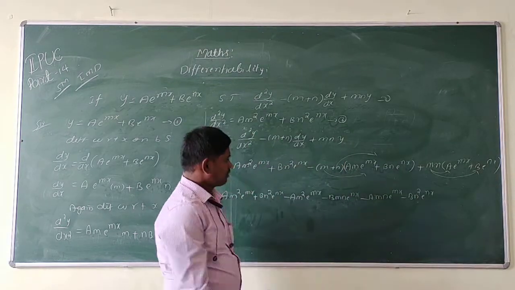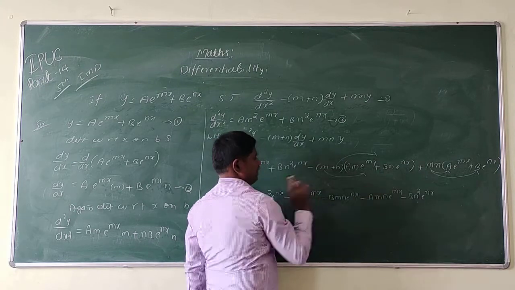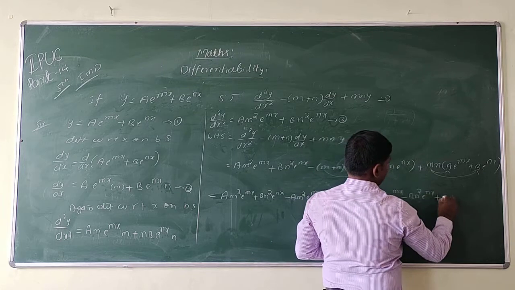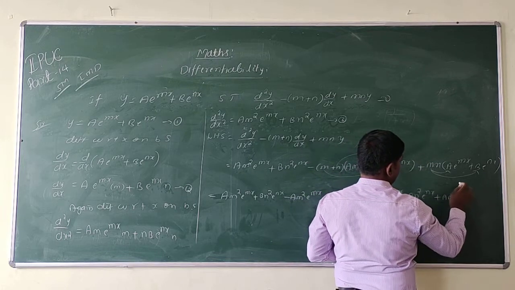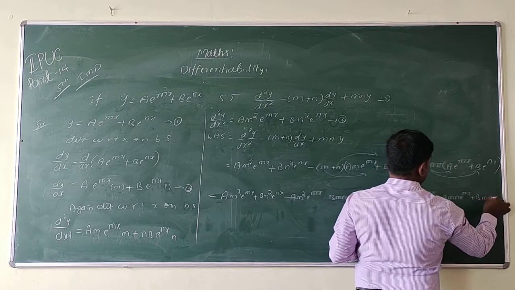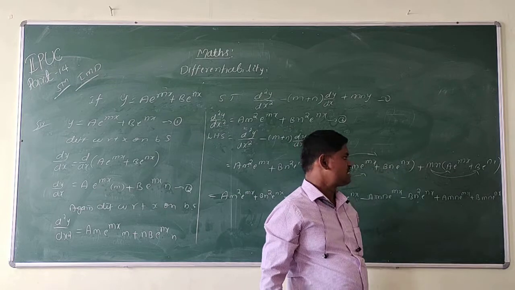Is it clear? So I am taking both minus m and minus n, therefore we are getting minus. And then this becomes plus a into m n into e to the power of mx plus b into m n into e to the power of nx. Is it clear? I am just taking m n inside.